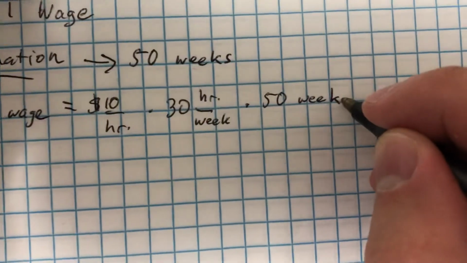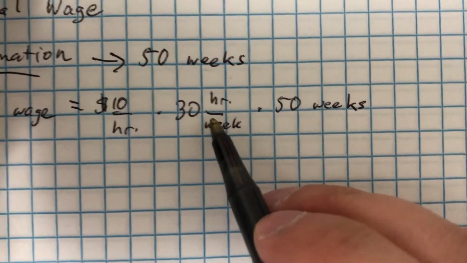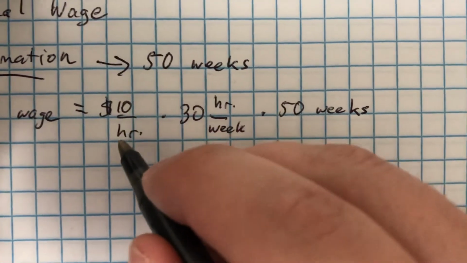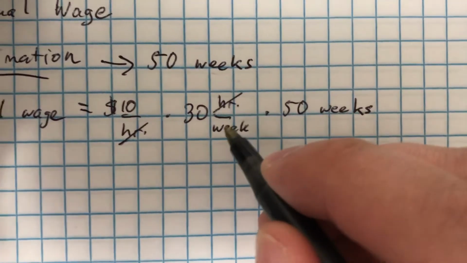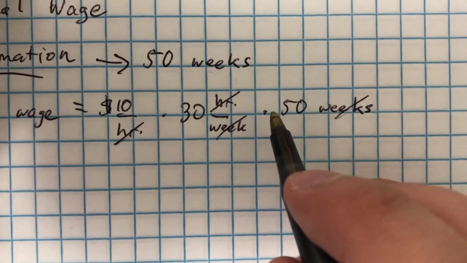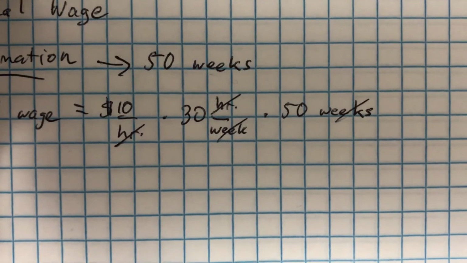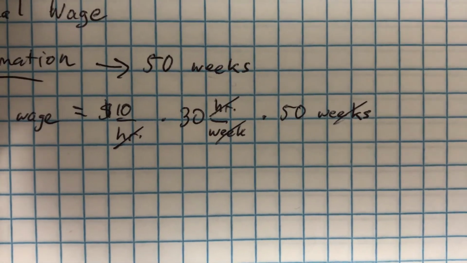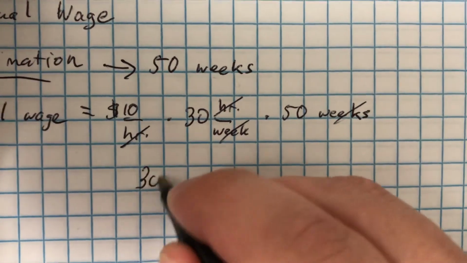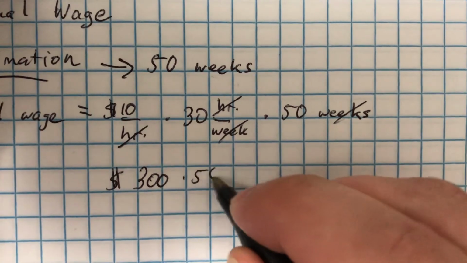So watch how I do this. Because 30 hours per week, that's a rate also. Rate times time. Okay? Hours cancel out and weeks cancel out. What am I left with? 10 times 30 times 50. Well, 10 times 30, as we know, is 300. We figured that out up above. $300 times 50.